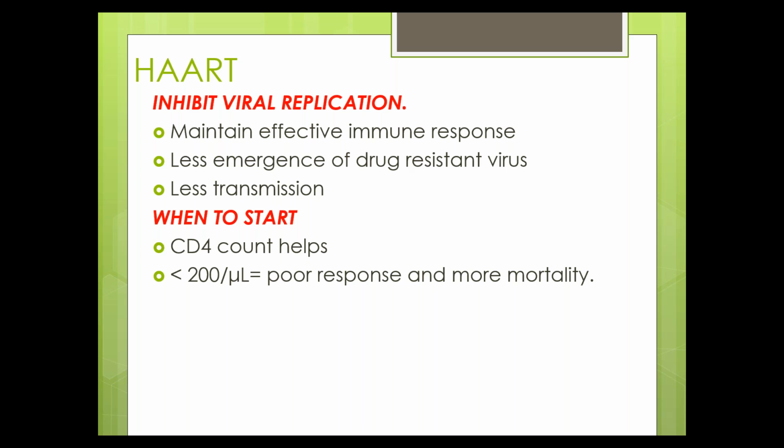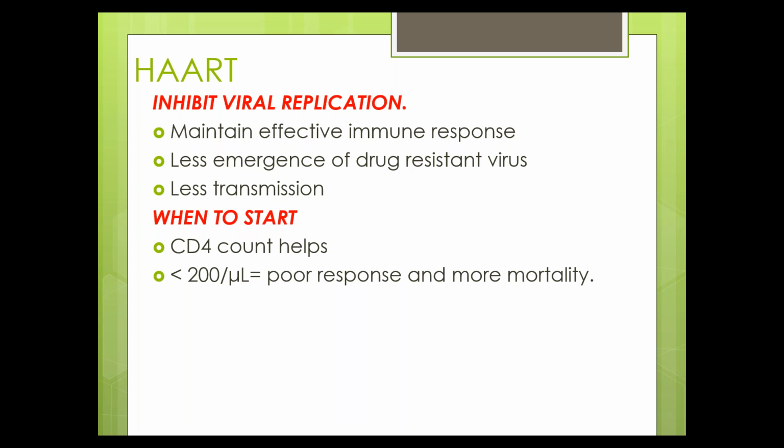When we give 2 or 3 drugs acting at different sites, the virus cannot develop resistance to all 3 or 4 drugs at the same time. Thereby we are preventing the emergence of drug-resistant virus. So we are inhibiting viral replication, maintaining effective immunity, preventing the emergence of resistant strains, and preventing the transmission of the disease.